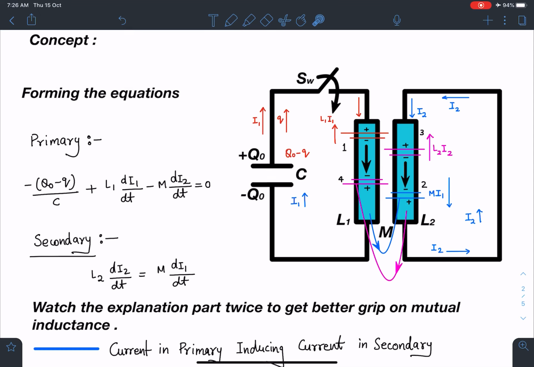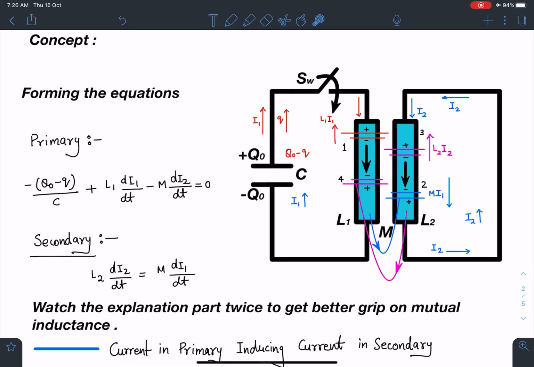Now this is going to create field lines here. So you can see these blue lines. Blue lines are the field lines corresponding to the first one. Whatever field lines the first one is going to create, they will enter into the second inductor, because magnetic field lines are closed lines, so they are going to be associated something like this.